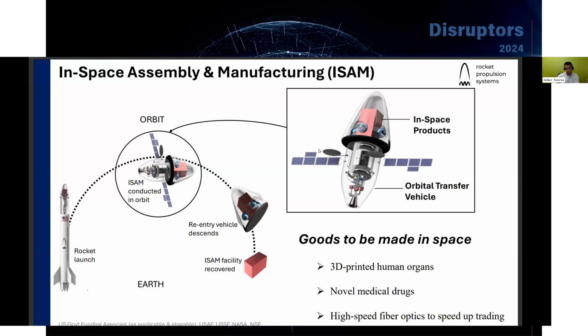Well, our OTV would also be able to transport a portion of these data centers, if not the whole data centers, up to these LEO and MEO orbits, where through our solar panels, we would be able to provide essentially infinite power, or more than enough power needed for cryptocurrency mining. So we are currently also looking to partner with any companies looking to mine Bitcoin or other companies as a power provider.